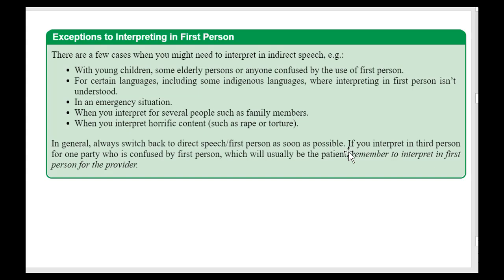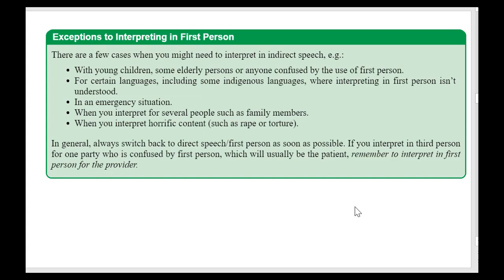And then the last point there, it says when you interpret horrific content such as rape or torture. And we will talk about self-care later on. Basically, the reason for this exception is in order to protect yourself from internalizing horrific content when you are interpreting for a victim of something that was very tragic, that was violent, that might affect you personally because of the severity.